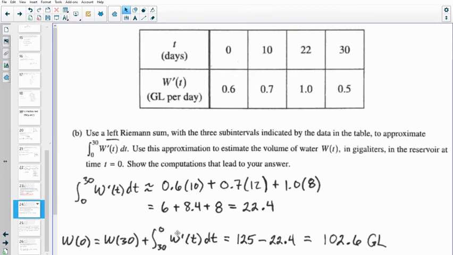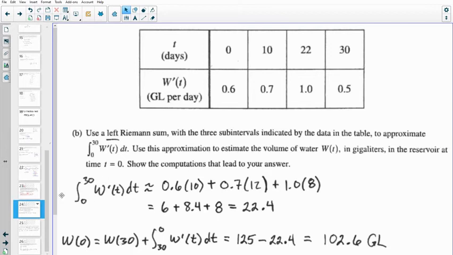Now, if you don't like this, if you want to move this over to the other side and say the amount at time equals 30 equals the amount at time equals 0 plus the integral from 0 to 30, that's okay also. I'm keeping this more general because this is the stuff that I know, and the amount at time equals 0 on the left side is what I'm trying to find. I kept it in this form.